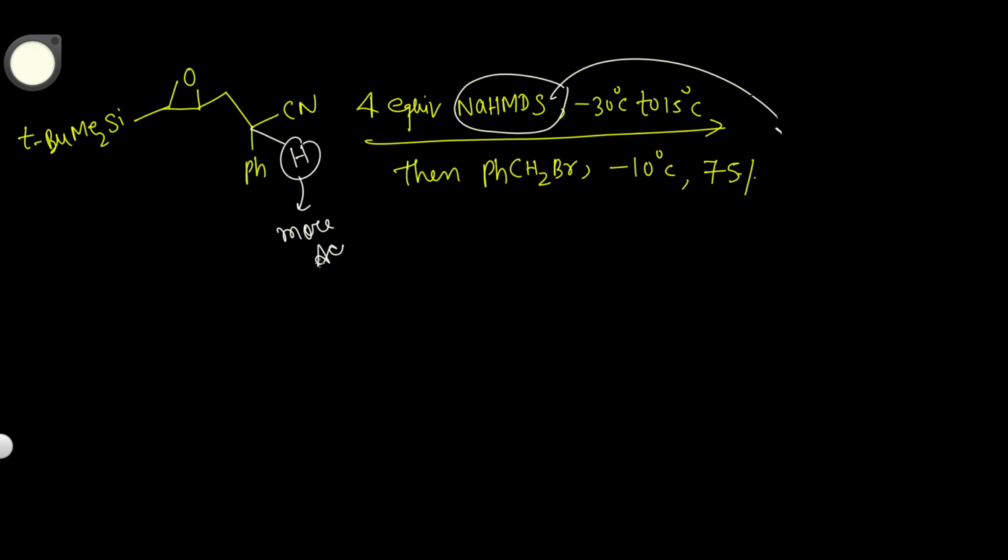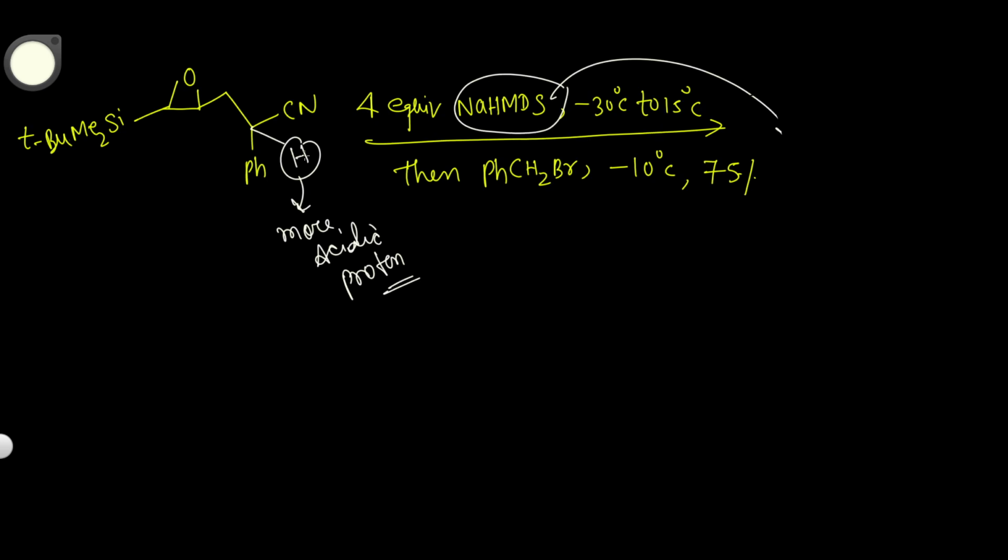I hope you all know why this hydrogen is a more acidic proton. After this proton removal, the negative charge will be stabilized by the cyanide and the Ph group. So that's why this hydrogen is the most acidic proton in this molecule, right?